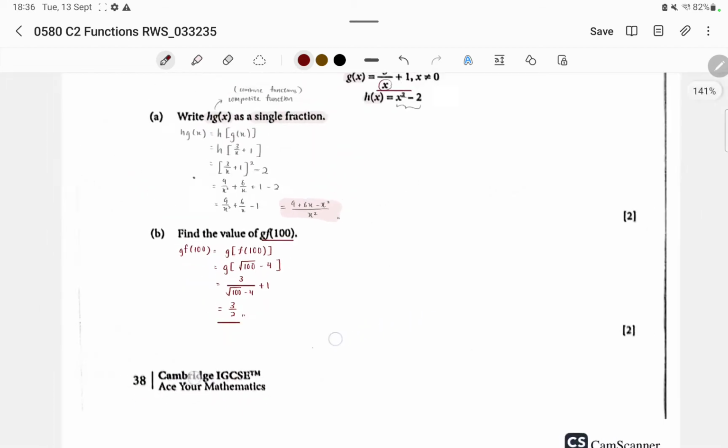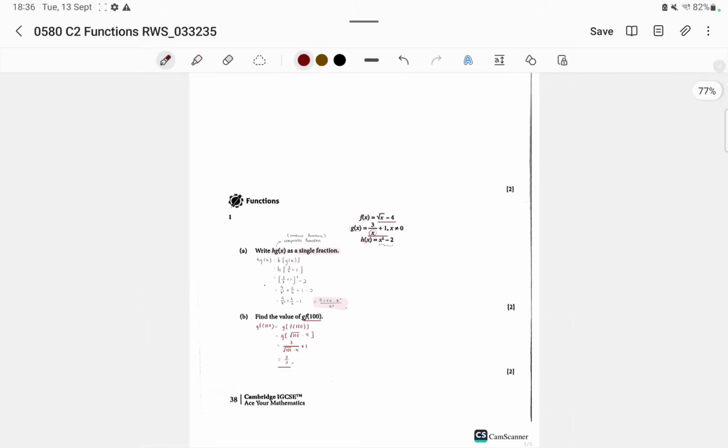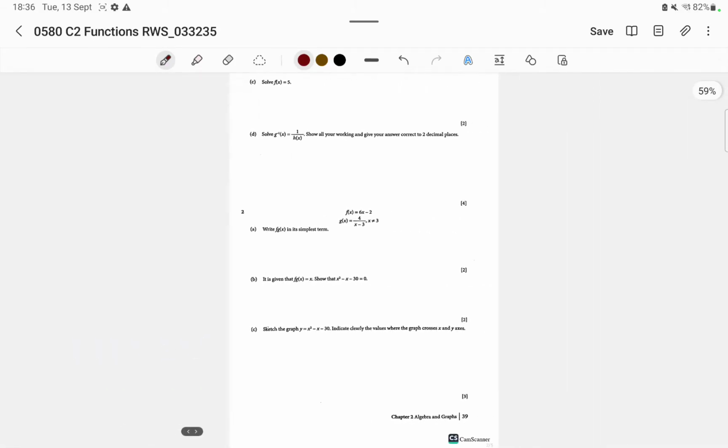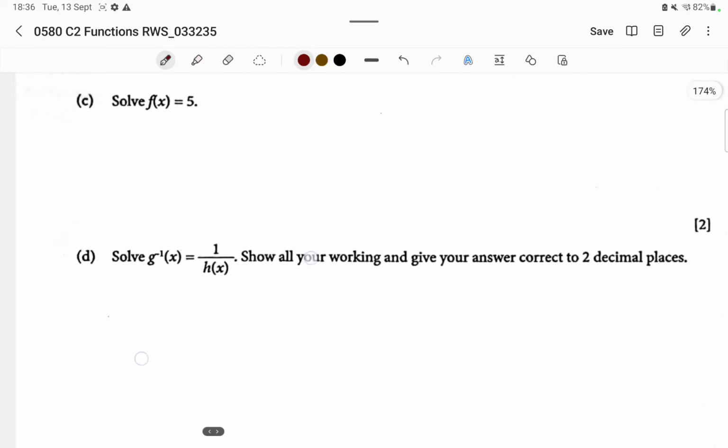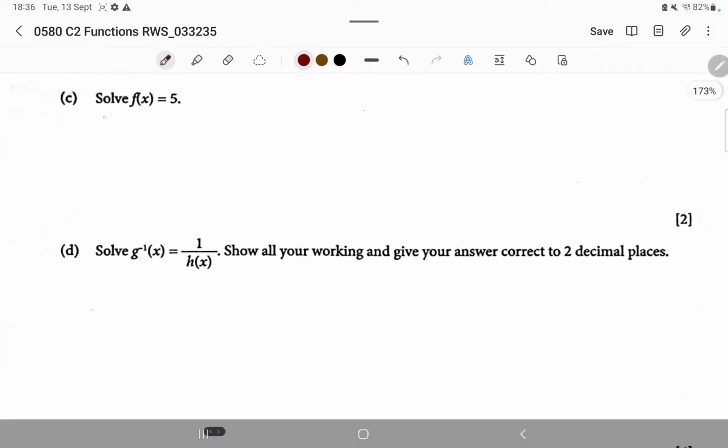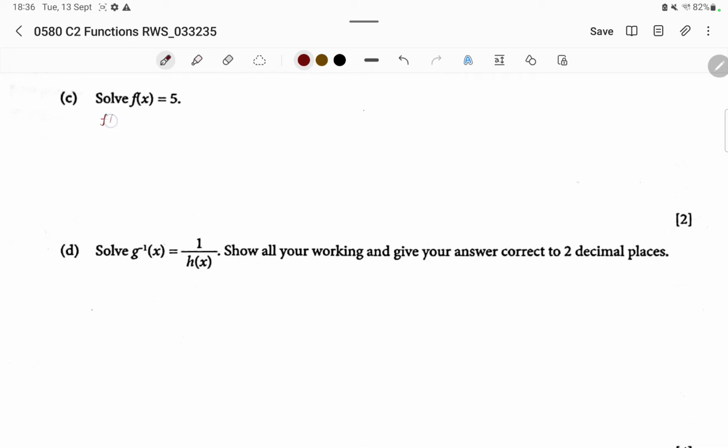Okay, let's look at C. Solve f(x) equals 5. So f(x) is square root of x minus 4. This one equals 5. So this means that we have to solve for x.